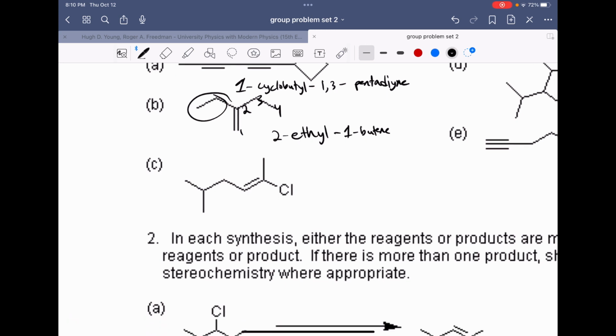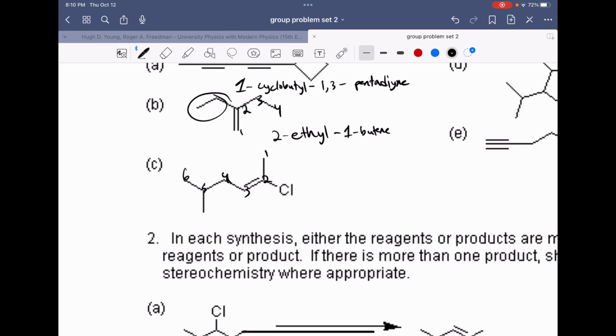Same rules. Find the carbon chain or ring where the double bond is at the lowest possible carbon number. So we start from this side. It doesn't matter if we put this as 6 or this as 6. You'll still get the same thing. You'll get an ethyl group hanging off the 5.